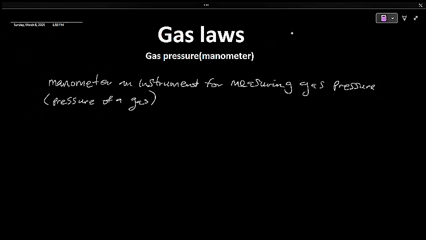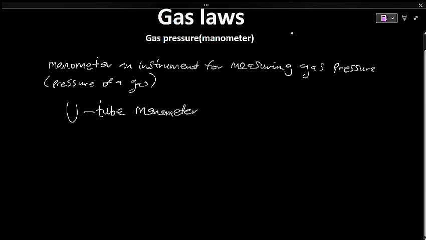In the laboratory, the basic manometer we use is known as the U-tube manometer. So how can we use a U-tube manometer to calculate the gas pressure of a certain gas?